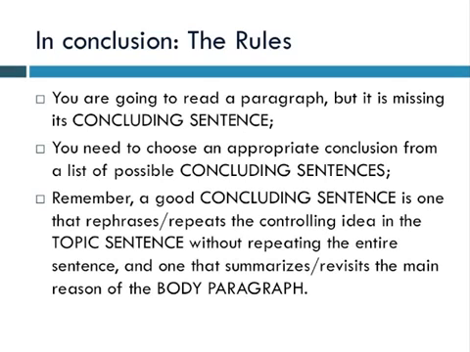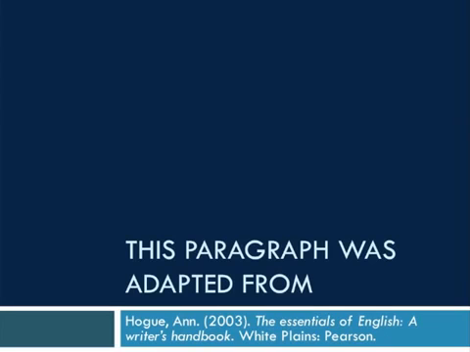Now remember, a good concluding sentence is one that rephrases or repeats the controlling idea in the topic sentence without repeating the entire sentence, and one that summarizes or revisits the main reason of the body paragraph. Once again, we've adapted this activity from the Essentials of English Handbook, written by Ann Hogue.